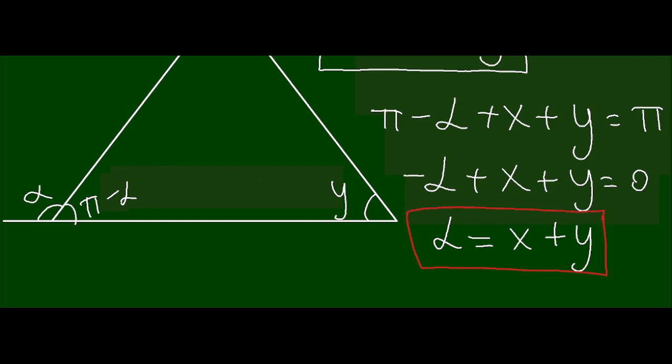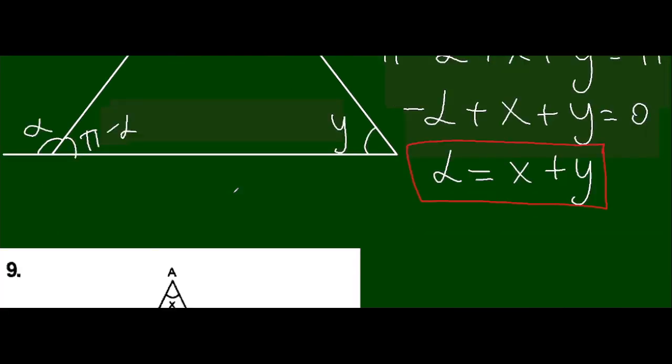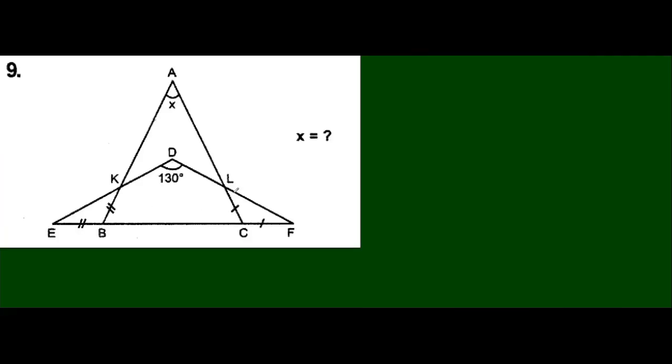This term we'll use in the next problems, and we'll simply solve the tricky problems. So the first one, the ninth, we'll just write this angle as alpha, this angle as alpha, and this angle as beta, and this angle also as beta.